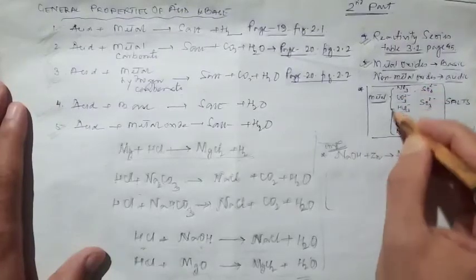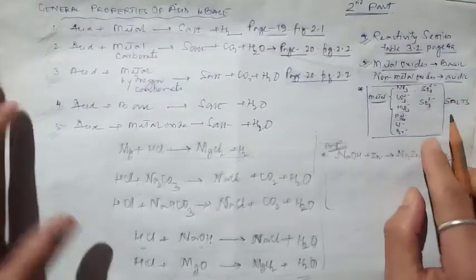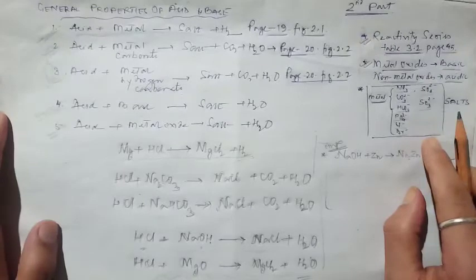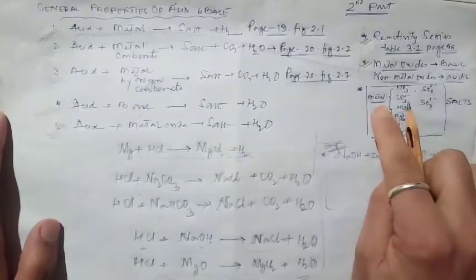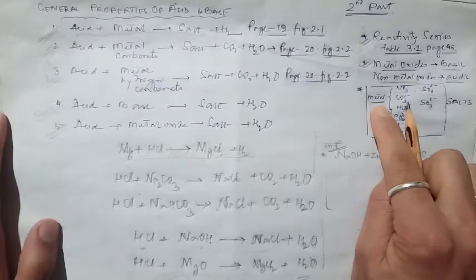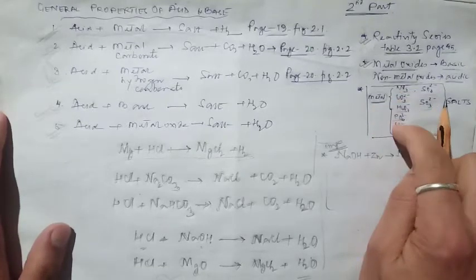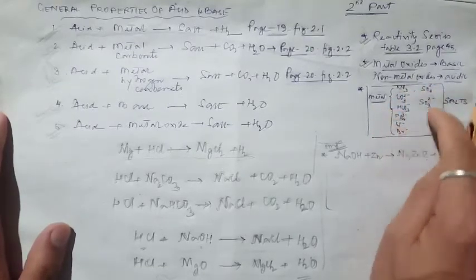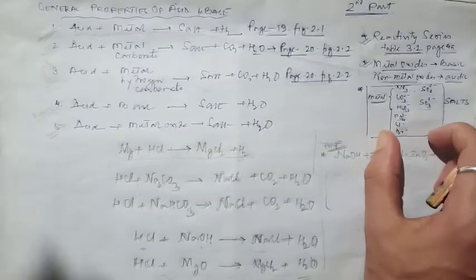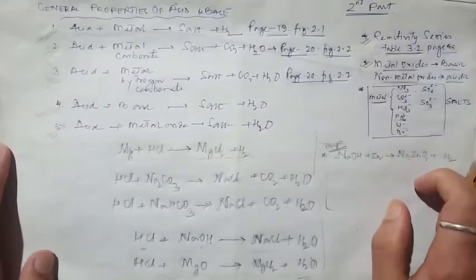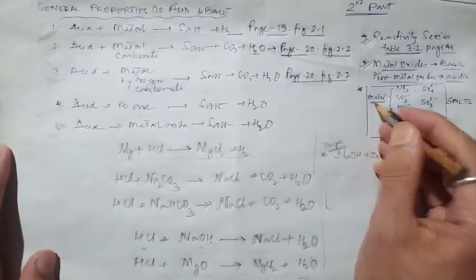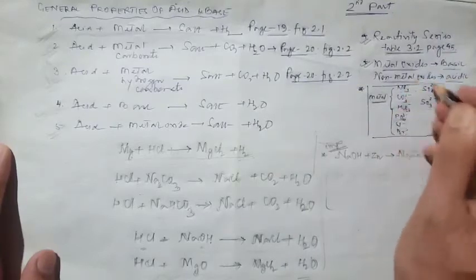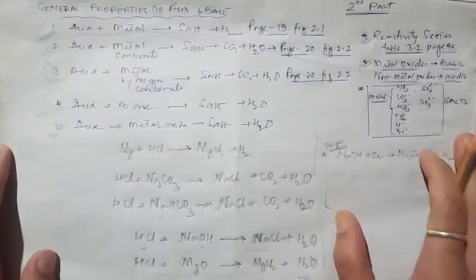These are all anions which are obtained from the acids. Now students, if you see metal cations combined with any one of these anions, you must understand it's a salt. So a metal cation combined with the anions obtained from the acids is called a salt.